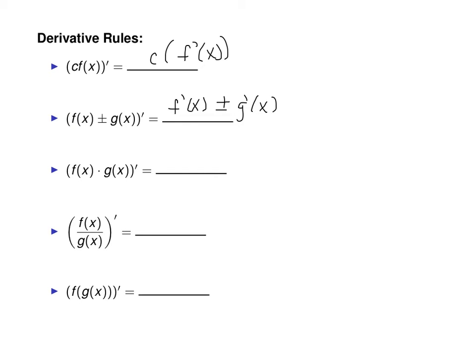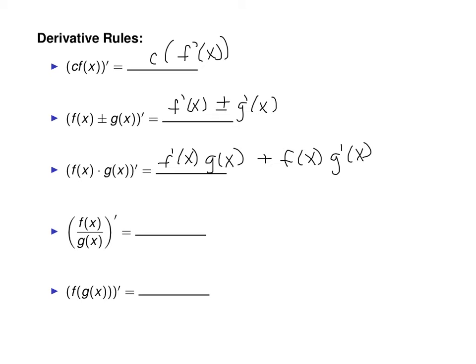Now, for the products and quotients and compositions, things are a little bit more tricky. The first one, we use something called the product rule. So the derivative of f times g is f prime of x times g of x. Notice that's not differentiated. Plus f of x times g prime of x. You only differentiate one function at a time.